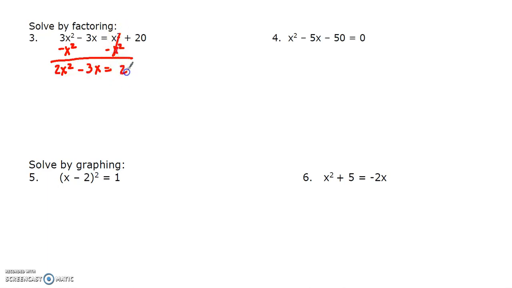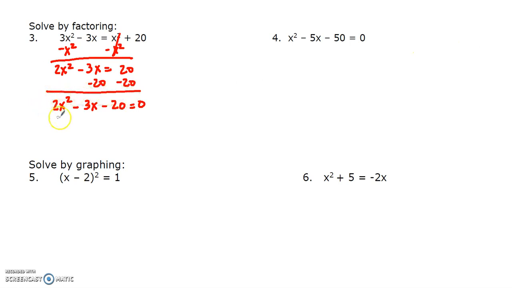This is gone and it equals 20. Now I need to move the 20 over also by subtracting. So I'll have 2x squared minus 3x minus 20 equals 0. And once I have it set equal to 0, then I can start factoring.